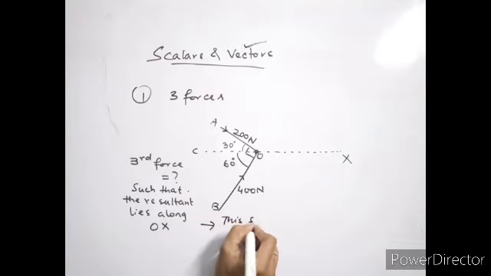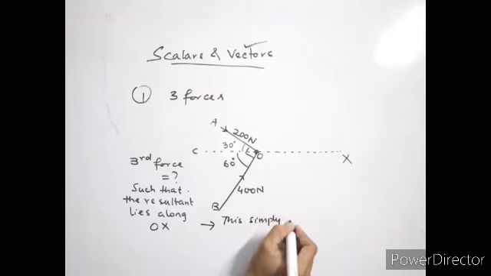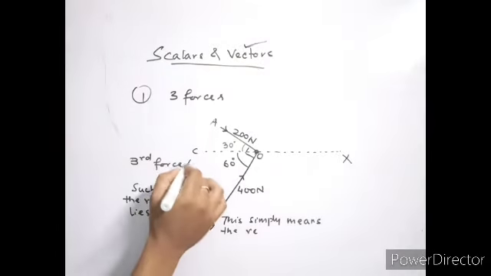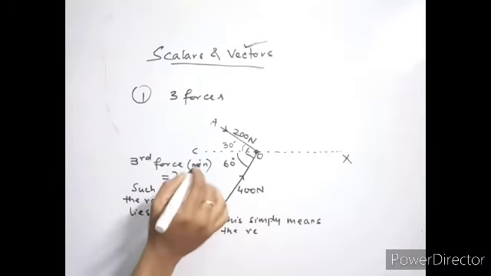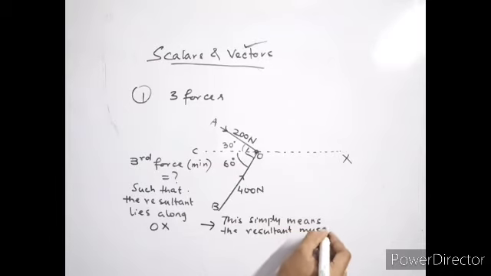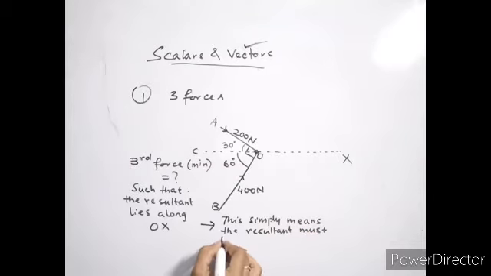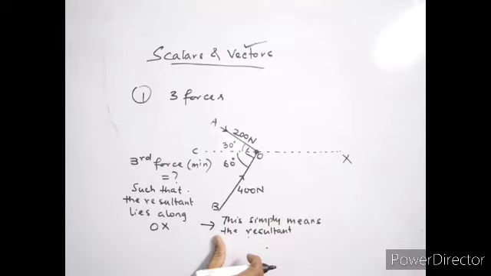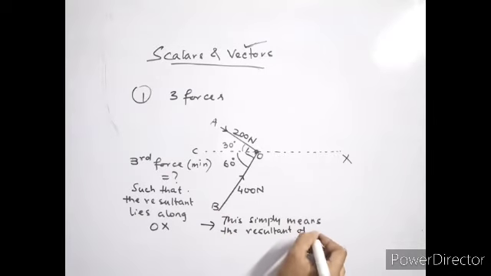Now such that, this simply means that the resultant of the vectors, the third force, we also need to find the minimum third force. So the minimum force that can act on the two vectors, that is AO vector and BO vector, should be in such a direction so that the final resultant value will be along OX.